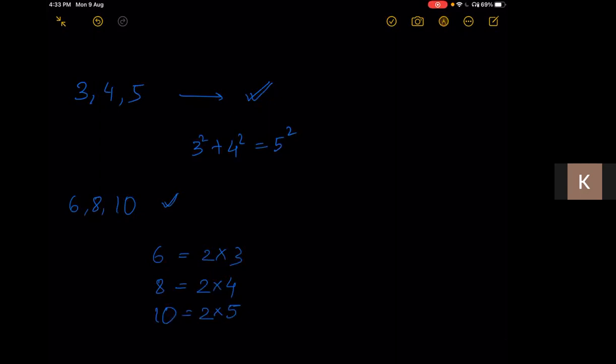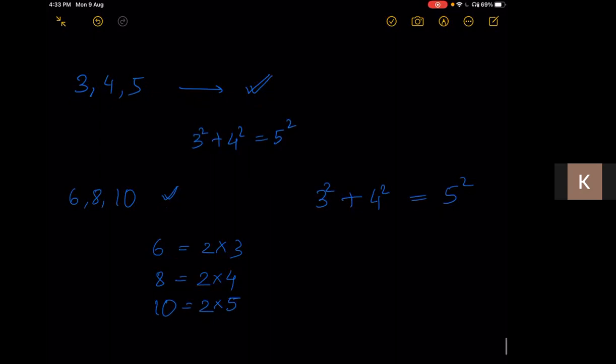See, in this equation, 3 square plus 4 square equal to 5 square. Now if I multiply this entire equation by 4, what will I get? 2 square into 3 square plus 2 square into 4 square equal to 2 square into 5 square.